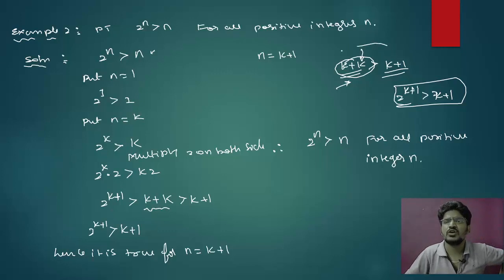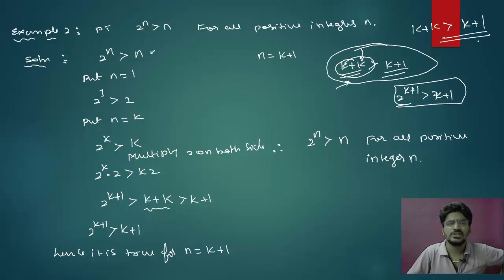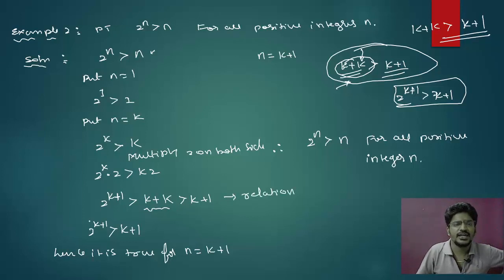And we know with common sense that k plus k is always greater than k plus 1. Clear? So from this relation, I can write 2 to the power of k plus 1 is greater than k plus 1. Hence, it is true for n is equal to k plus 1.